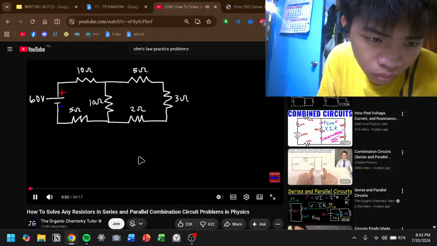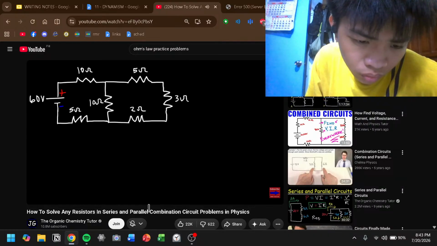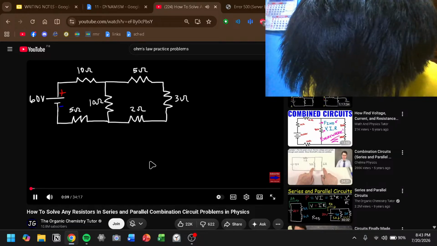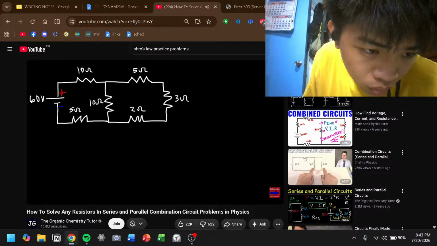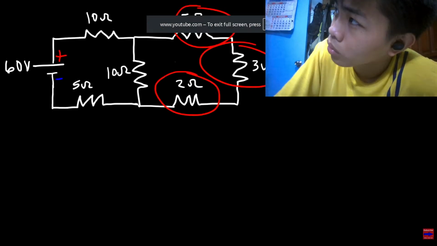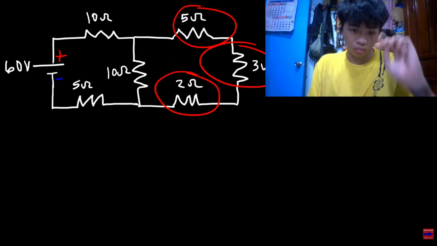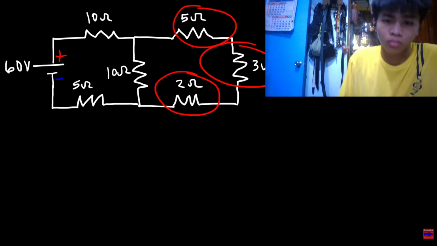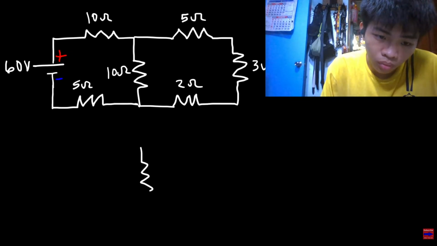In this video, we're going to talk about how to solve any type of series parallel combination circuit like this one. Now, the first thing you want to do is calculate the equivalent resistance. Notice that these three resistors are in series with each other. The equivalent resistance of those three is going to be 5 plus 3 plus 2, which is 10. So we can replace those three resistors with a single 10 ohm resistor.